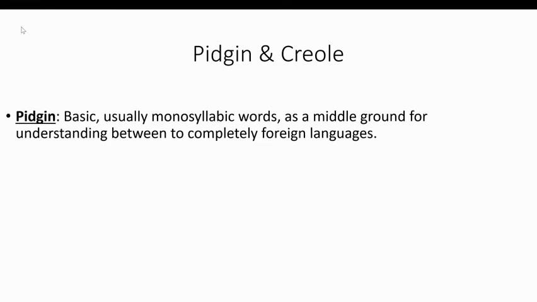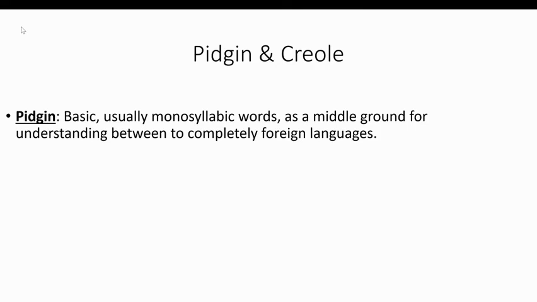All right, so the last ones I'm going to cover today are going to be Pidgin and Creole. And Pidgin and Creole kind of result from the mixing of different languages. So Pidgin is usually a rough combination of two different languages. And we typically see this as something that results from things like colonization.